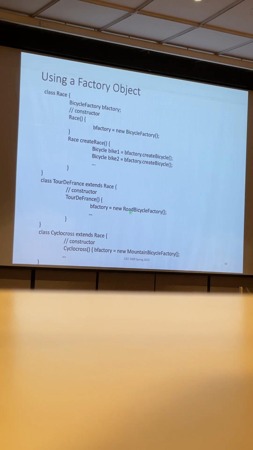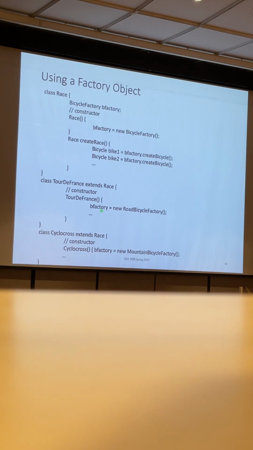If here we wrote mountain bicycle factory instead of road bicycle factory, we would be requiring Tour de France to use this B factory that would be producing mountain bicycles for us. So it's important to get the proper type of factory object created. But other than that, the create race method is inherited by all the subclasses of race, so no changes are required here. This code works. It creates a bicycle from a factory. If the factory is the right type, that's all it takes. It is guaranteed to create the correct type of bicycle.